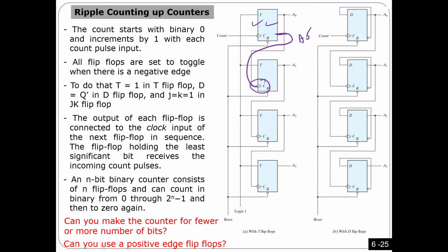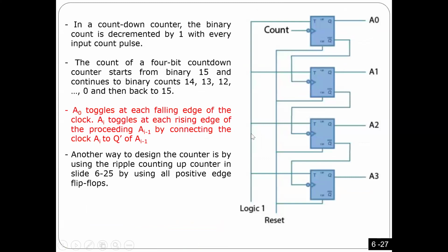I'm not gonna change the type; it's gonna be the same type here. Same thing here, this one is gonna come from A1, and that's exactly what I did in this circuit. As you see here, I'm gonna get it from Q prime, so that when this one is rising, this one will be falling. Okay. Any questions? Is that difficult?